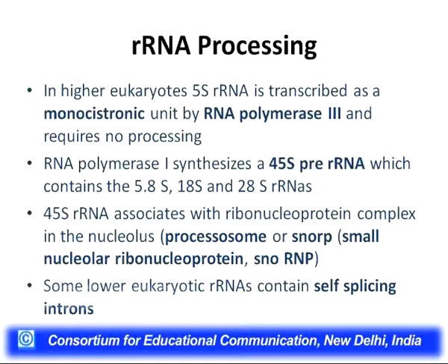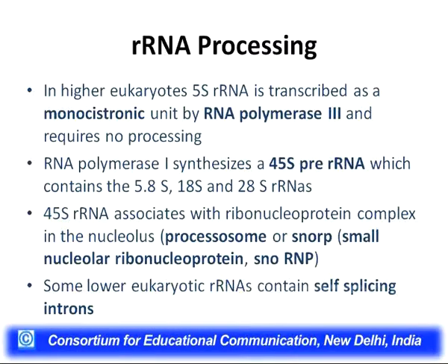This 45S rRNA, the primary transcript, associates with a number of proteins to form a ribonucleoprotein complex, and this complexing occurs in the nucleolus itself. This complex is known as SNORP or processosome, another name for which is small nucleolar ribonucleoprotein, or SNO-RNP. So, this complex is basically a complex of 45S rRNA and protein.